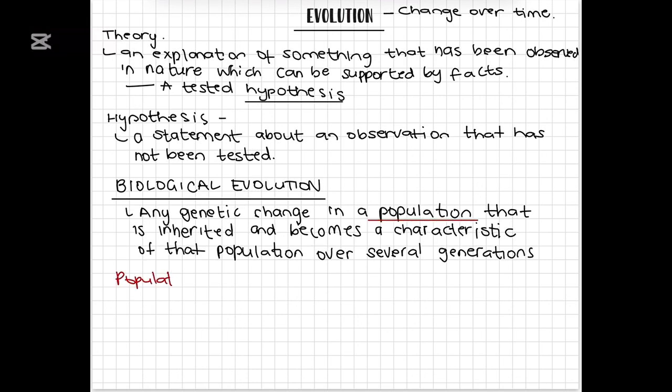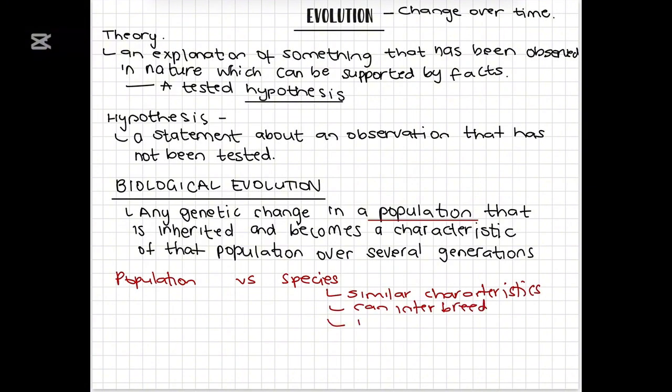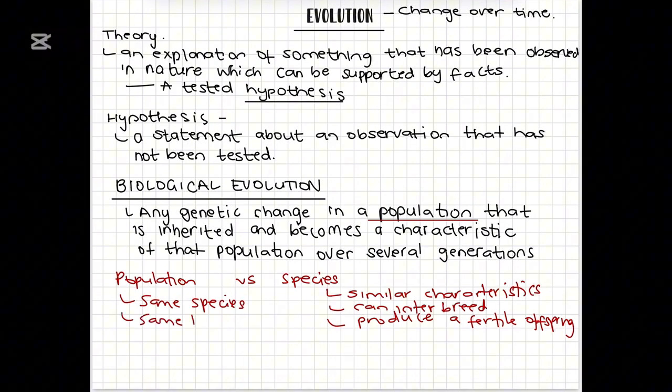You should understand what a population is as opposed to a species. These are two different terms. I like to start with species. Species are organisms with similar characteristics and are able to interbreed to produce a fertile offspring. And a fertile offspring is just an offspring that is able to continue reproducing. While a population, these are organisms of the same species occupying the same habitat and at the same time.